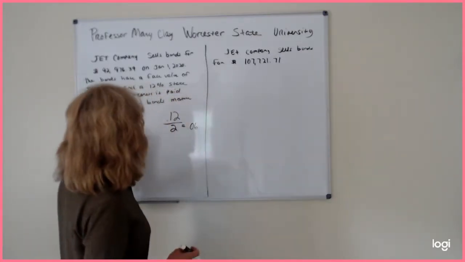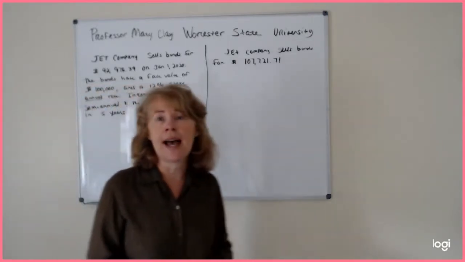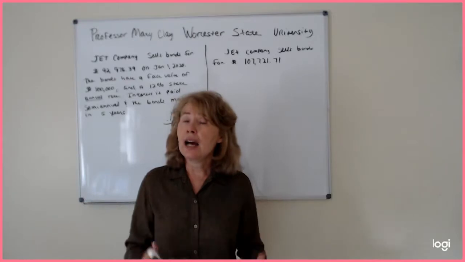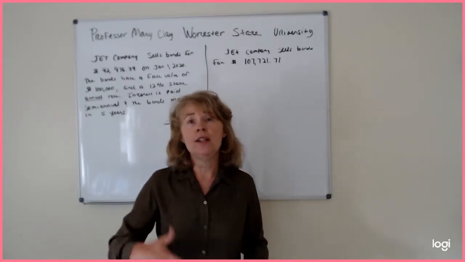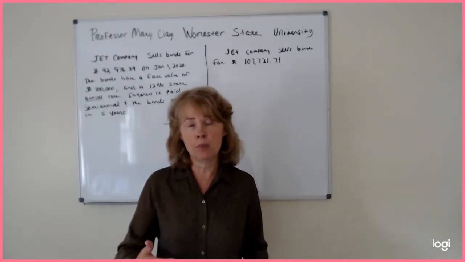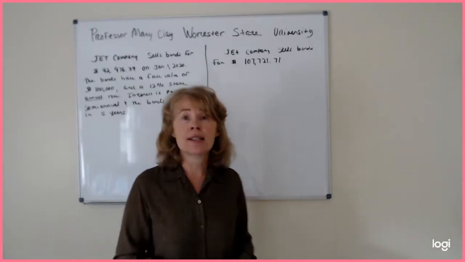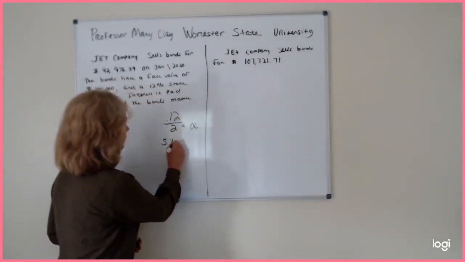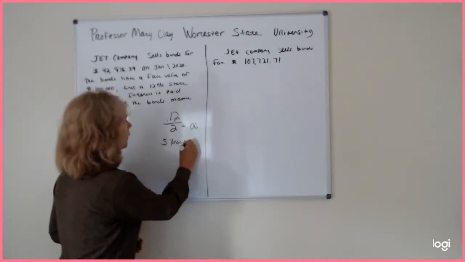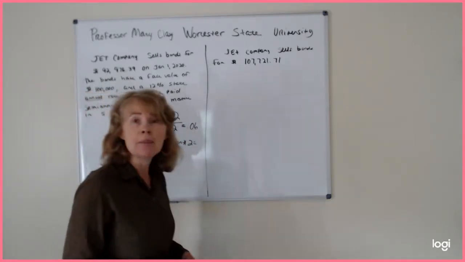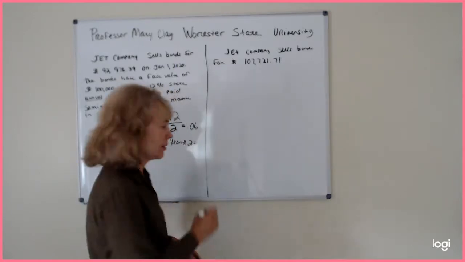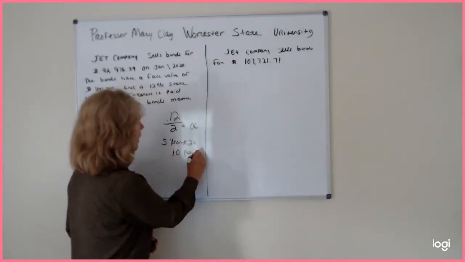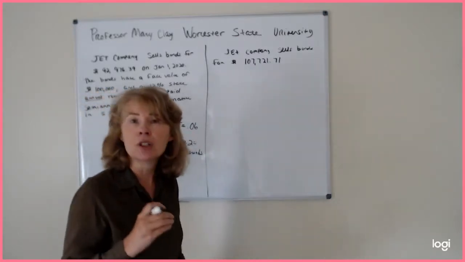It says that this bond is going to last 5 years. So what I have to do to compensate for the number of time periods this bond will pay is take the 5 years and multiply it by 2. And what does that mean? 10 periods. So this bond will pay interest for 10 periods. I have to compensate for that.